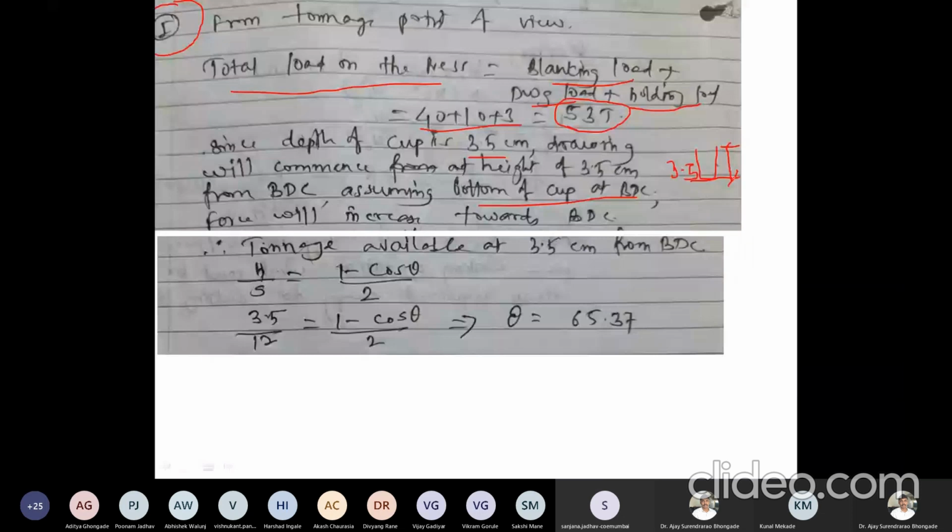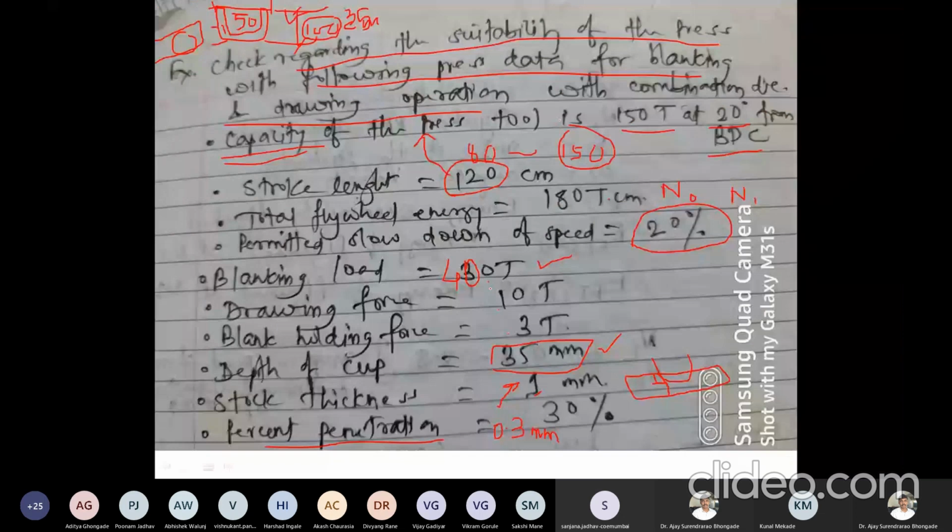Once it reaches that BDC point, it has reached the end or bottom of the cup. So obviously H means 3.5 now, because the force will be required at this point of time. We have to calculate what force is available at this point of time. So H is 3.5. Stroke has already been given to you. Stroke is 12 centimeter. Actually, it should be mm, I think.